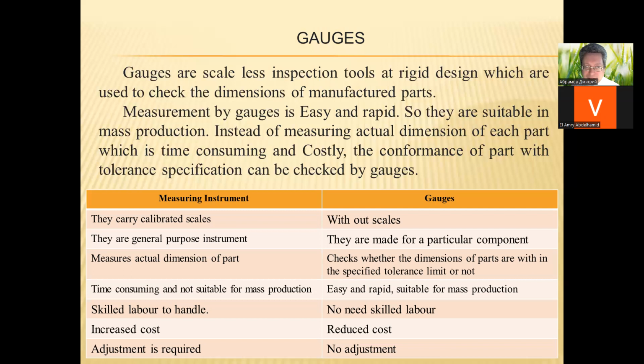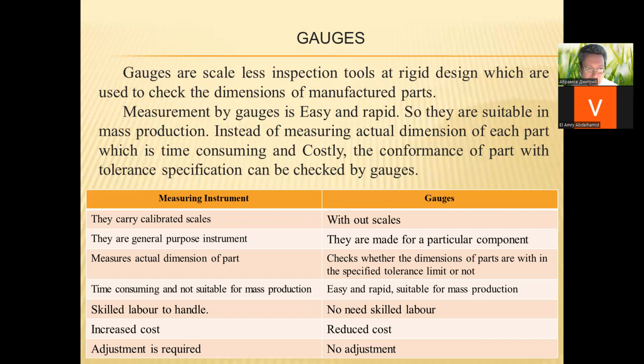And we can see the difference between measuring instruments and gauges. Measuring instruments carry calibrated scales; gauges are without scales.